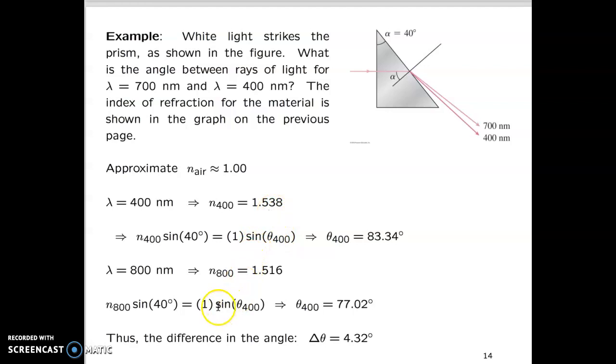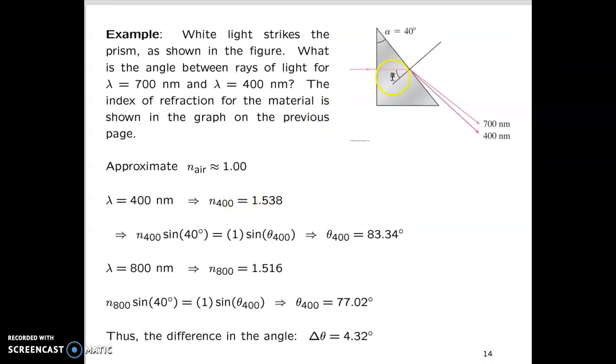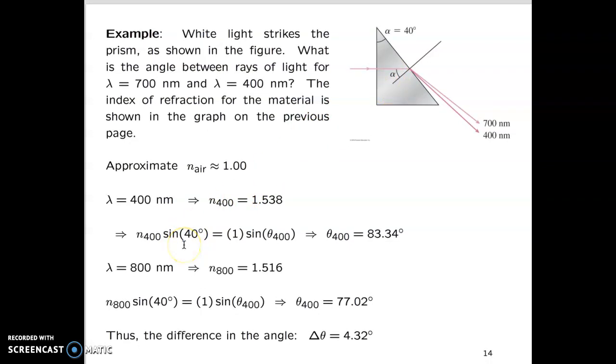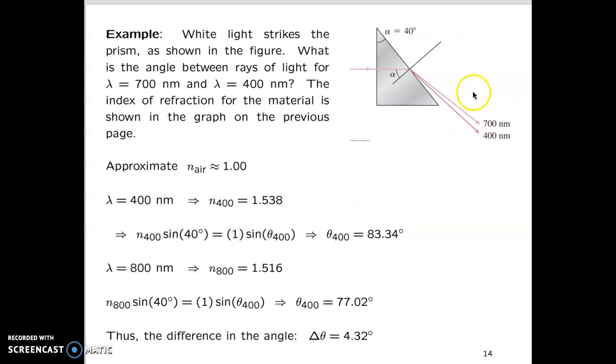Okay, so let's use Snell's law for the 400 nanometer light. Here it is. So N400 is its index of refraction inside the glass. The angle of incidence alpha is 40 degrees. The index of refraction for the light, regardless of the wavelength, in air is 1.